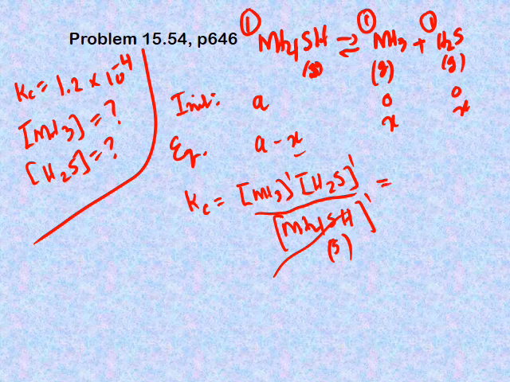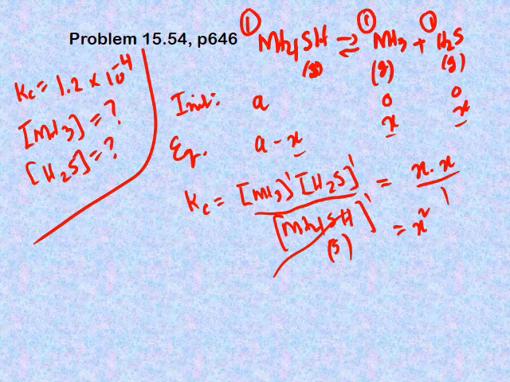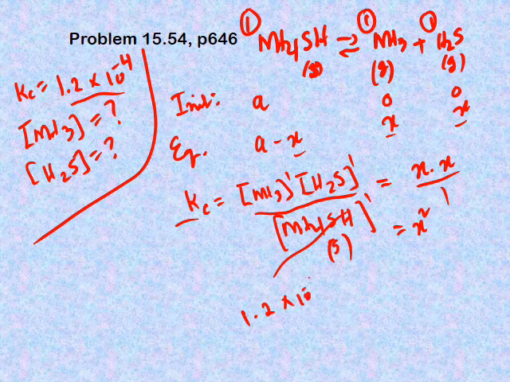So now I'm going to plug in the X's instead of ammonia and H2S. So X times X will be on the top and just 1 on the bottom. So this equals X squared. Now we know the Kc value, which is given. So 1.2 times 10 to the negative 4 equals X squared.